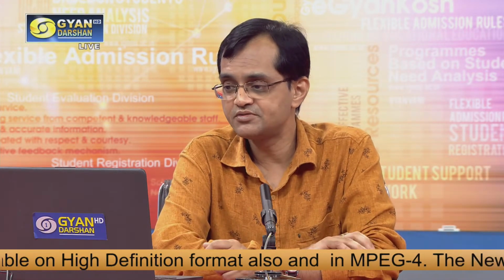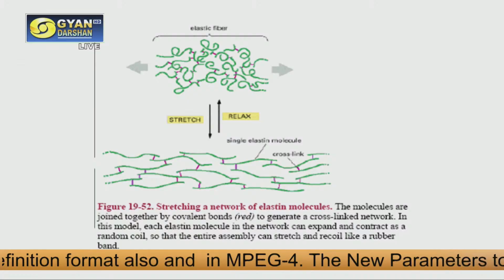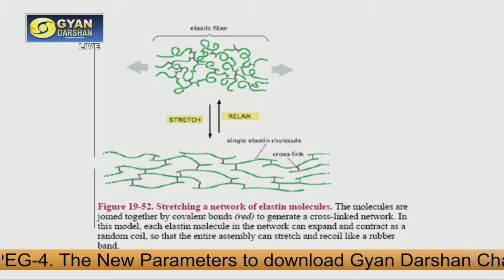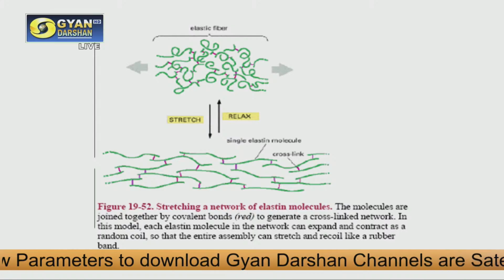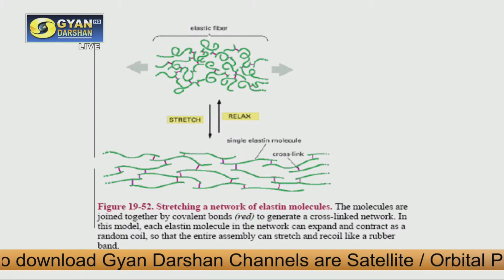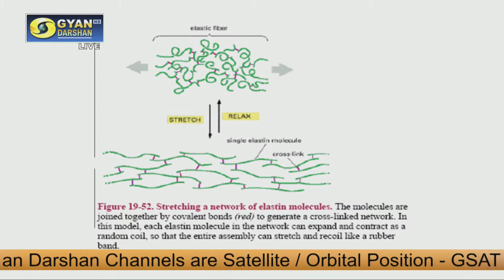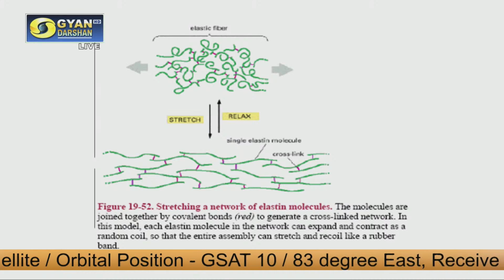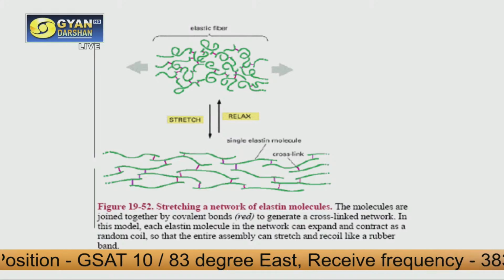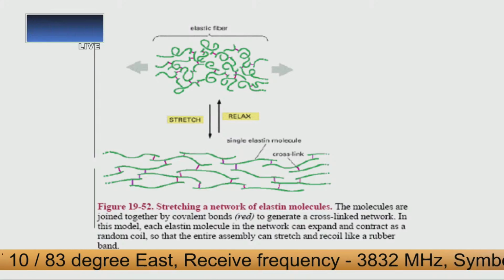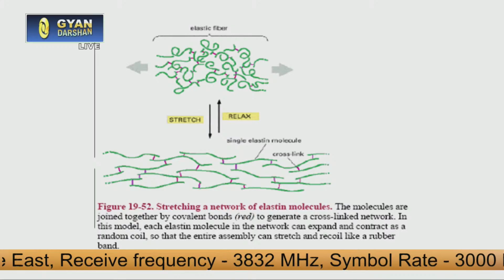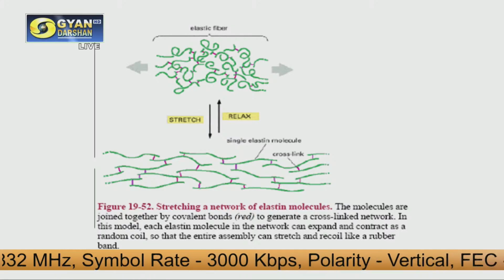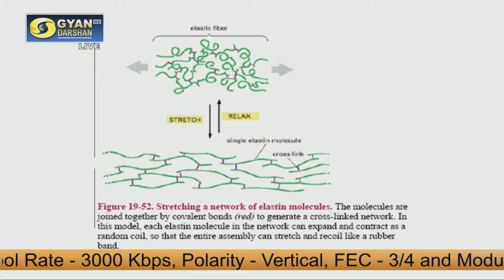If you see this figure again, you can see how elastin helps in controlling the stretching and relaxation mechanism. It is almost like a rubber band, stretching a network of elastin molecules. The molecules are joined together by covalent bonds, which are marked with red or pink, to generate a cross-linked network.